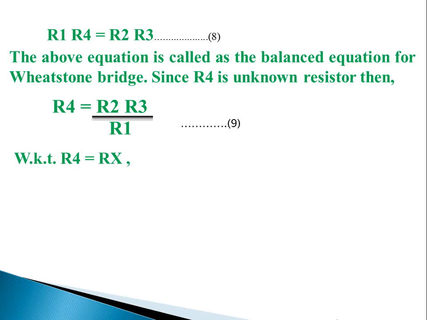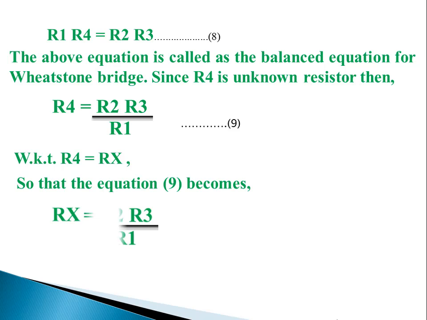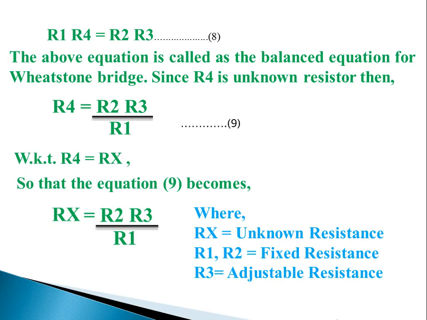We know that in the circuit diagram of Wheatstone bridge, R4 is equal to Rx. So equation number 9 becomes Rx is equal to R2 into R3 divided by R1, where Rx is the unknown resistance, R1 and R2 are fixed resistances, and R3 is the adjustable resistance.